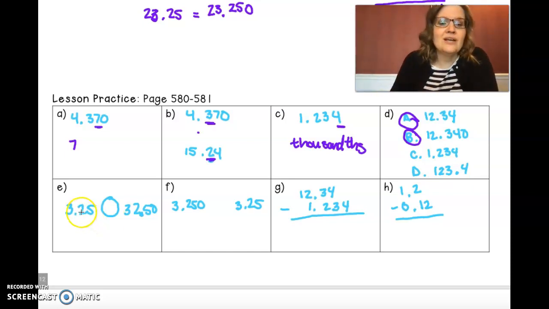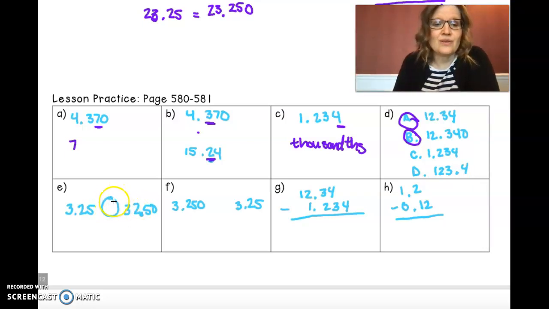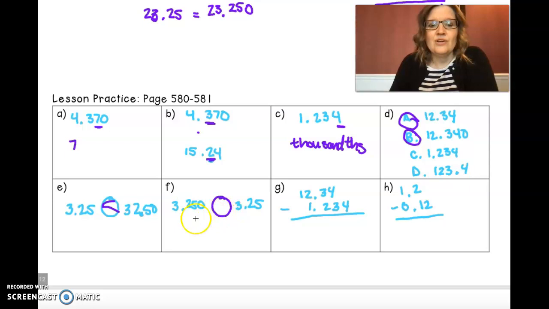So if you look, 3 and 25 hundredths we know is significantly less than the whole number 32 and 50 hundredths. So we know that 32 is going to be much bigger. And we need to compare these two. 3 and 25 hundredths is actually the same as 3 and 250 thousandths. So we put an equal sign.